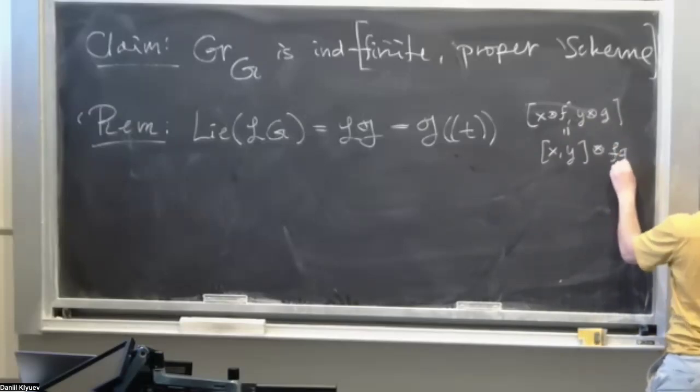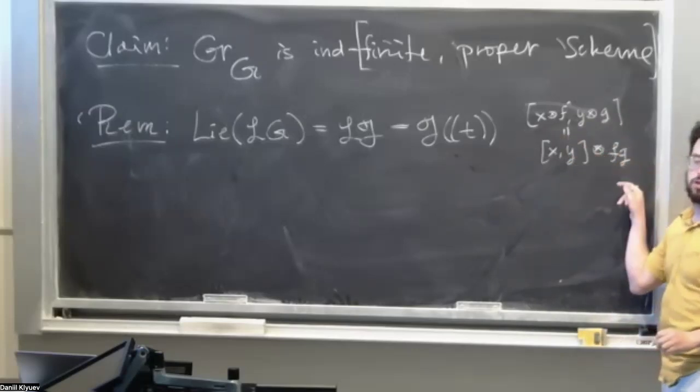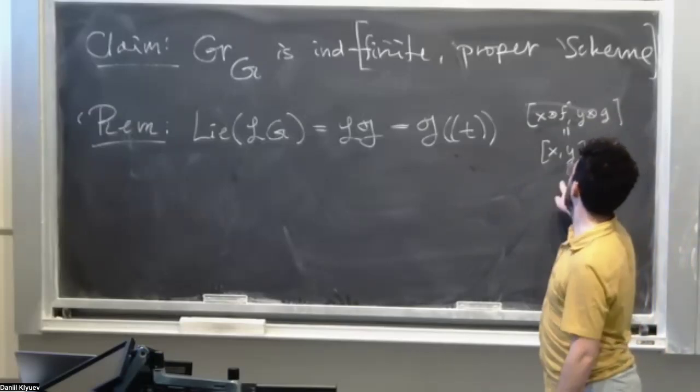You take the bracket of the Lie algebra elements and the product of the polynomial parts.